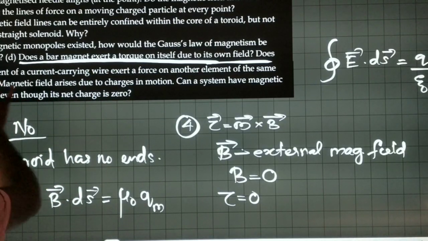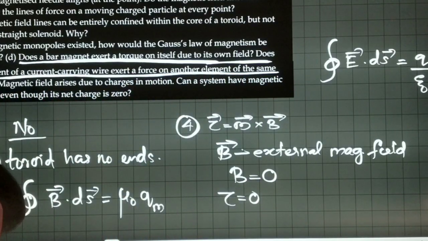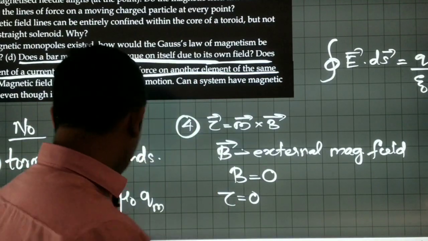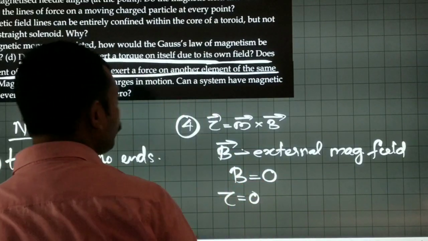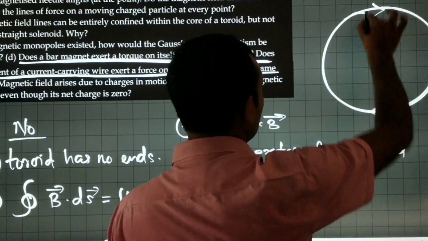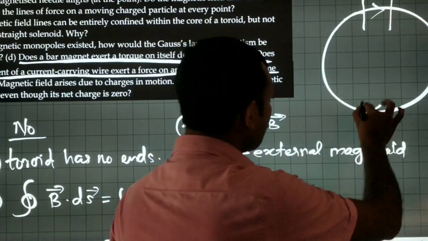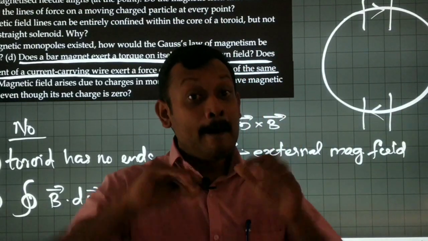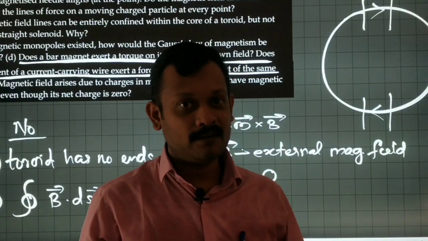Now the next question: does one element of a current carrying wire exert a force on another element of the same wire? There is a possibility if they are parallel. Let me explain with a circular coil. It carries a current like this. Taking a small element of this current and another element, we have already learned that parallel currents attract and anti-parallel currents repel.